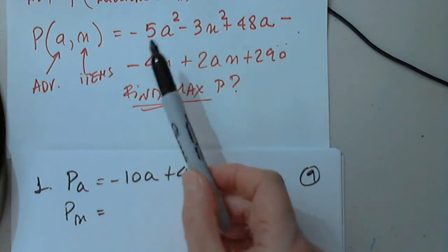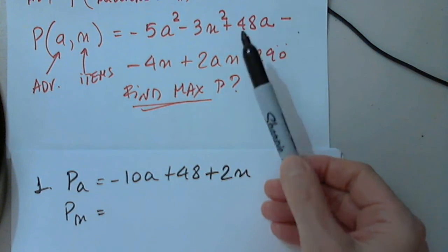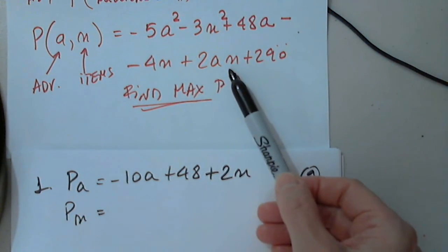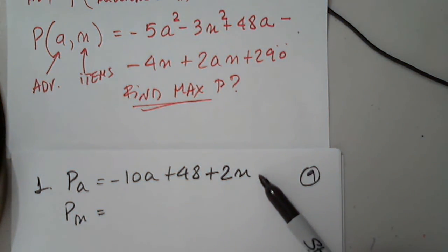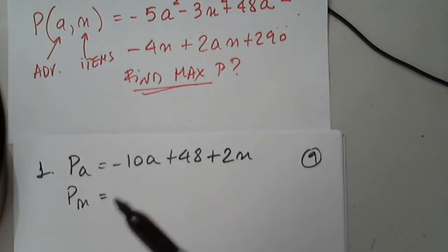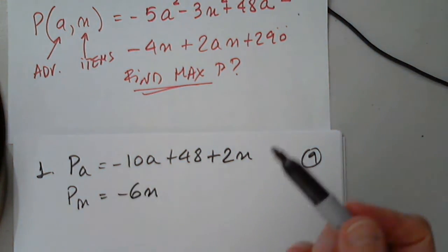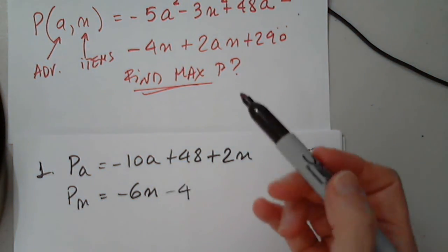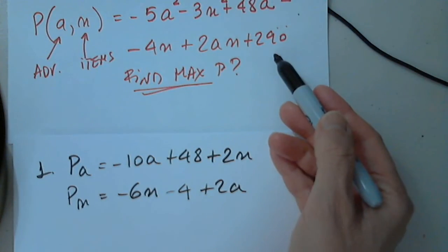So I see A here, I differentiate. I don't see A, goodbye. I see A here, I differentiate. I don't see A, goodbye. 2an, I see A, so it's 2n. I don't see A, goodbye. Good, PN. No n, I have negative 6n. No n, I have n, minus 4. Yes, plus 2a. No n.